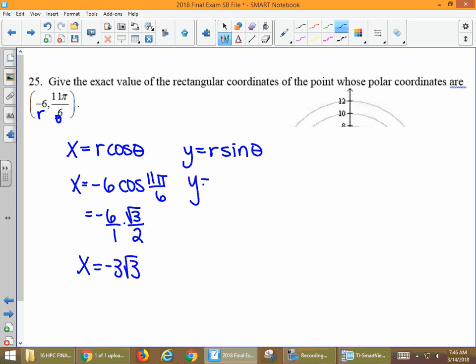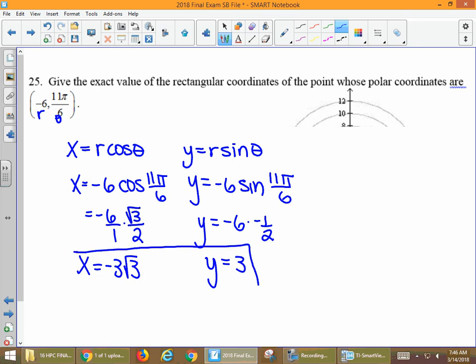For y, r sine of theta, so again, our r is -6, our theta is 11 pi over 6, and sine of 11 pi over 6 is -1/2. -1/2 times -6 is +3. So there's your ordered pair, (-3 radical 3, 3).